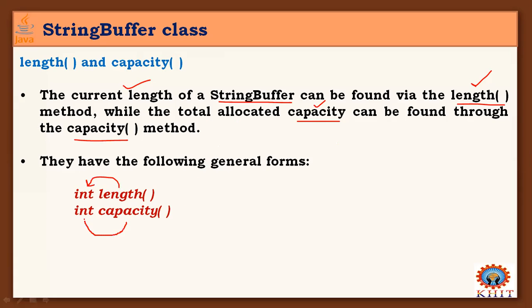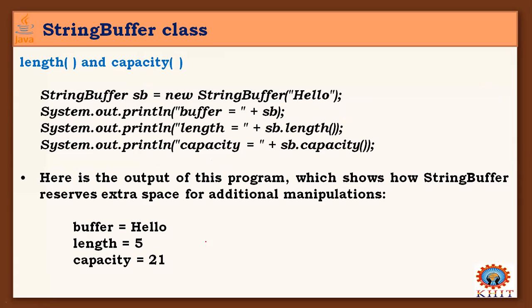Because these two methods return the integer value when we apply them on the StringBuffer objects. Here is one simple example. Here we have a StringBuffer object, and it is initialized with a string, using one of the constructors with a string value.